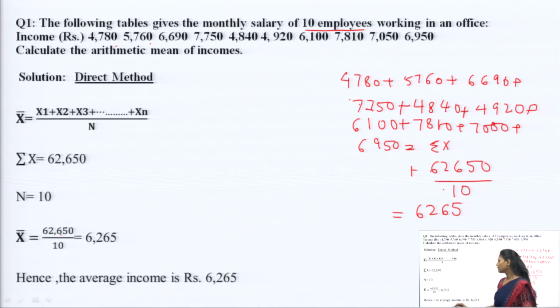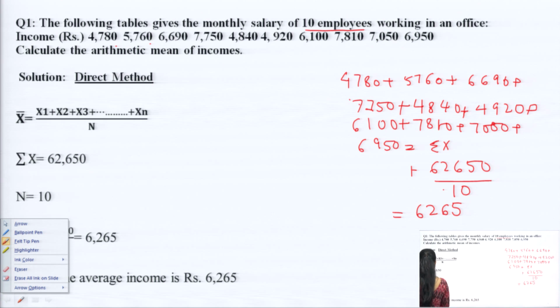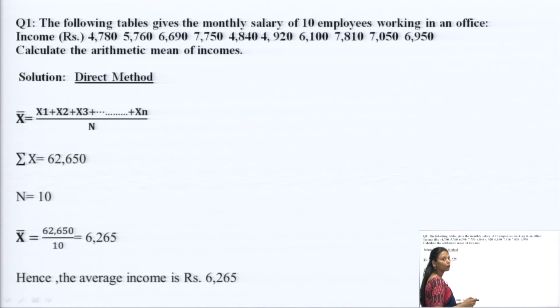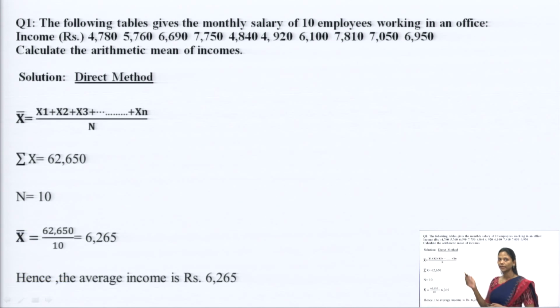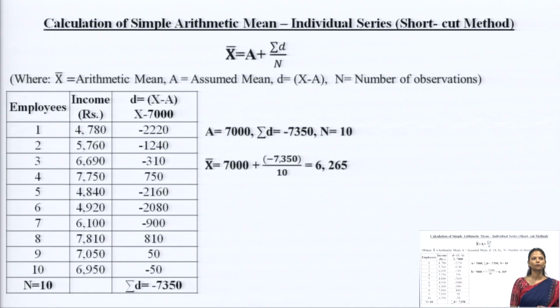If I want to solve the same question with the other method, the shortcut method, then we have another formula: x bar is equal to a plus summation d over n. Now, what is a here, what is d? Your a is called the assumed mean.